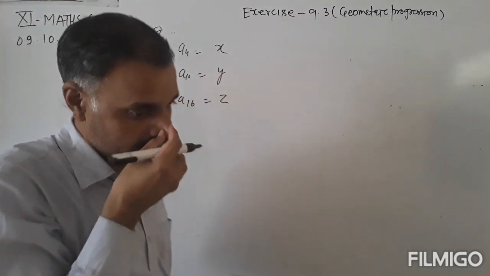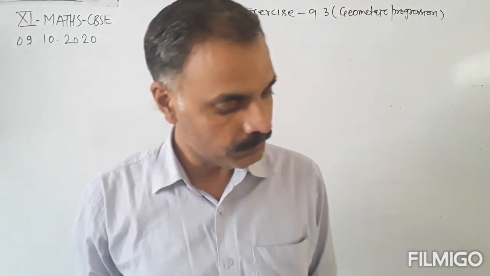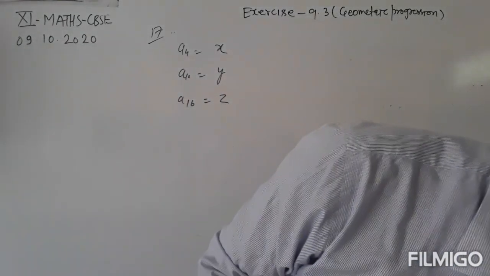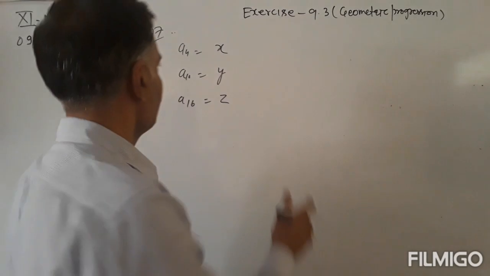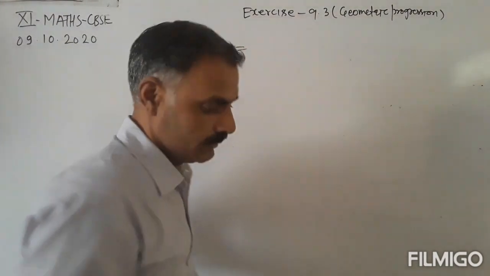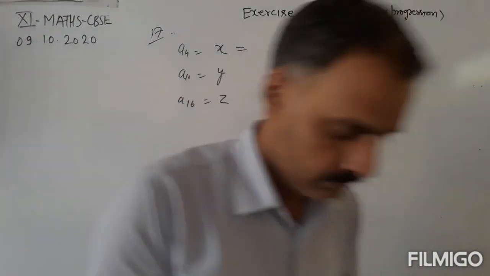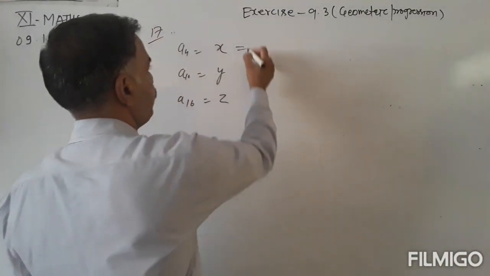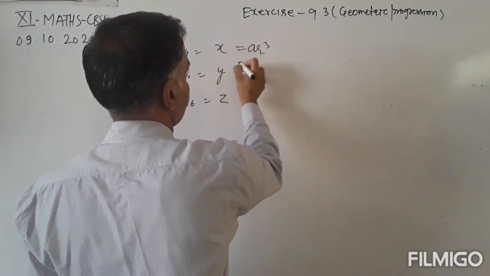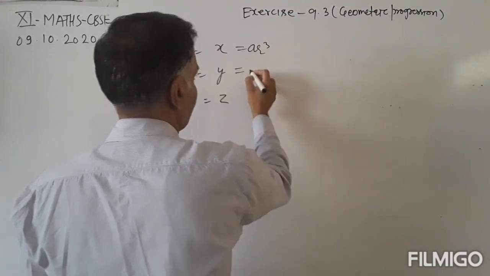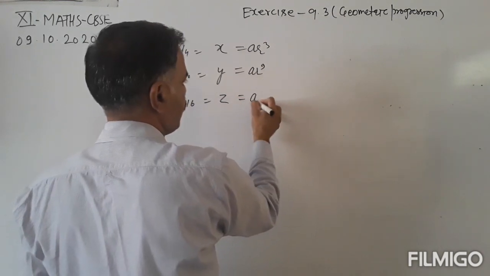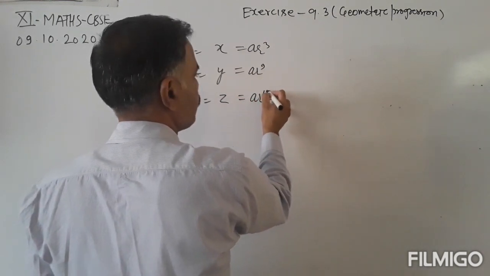A4 can be written as ar to the power 3, A10 as ar to the power 9, and A16 as ar to the power 15.